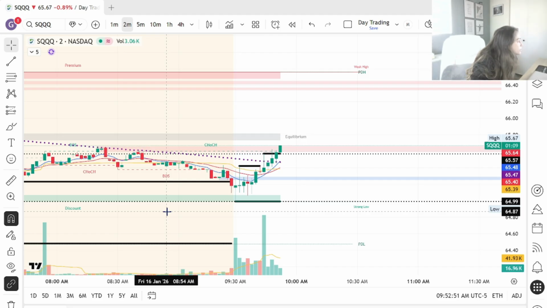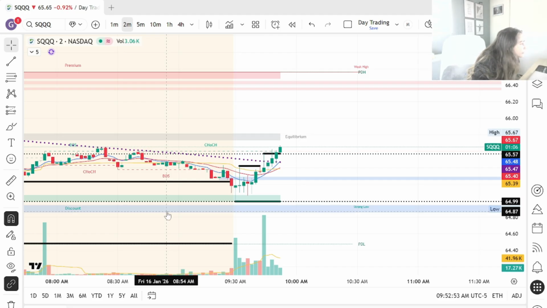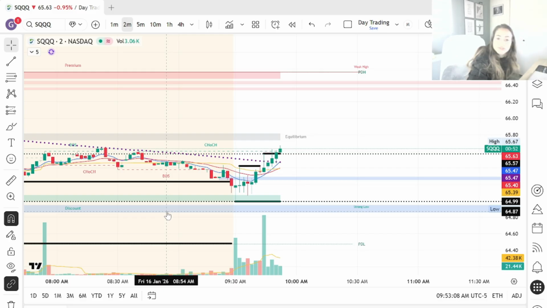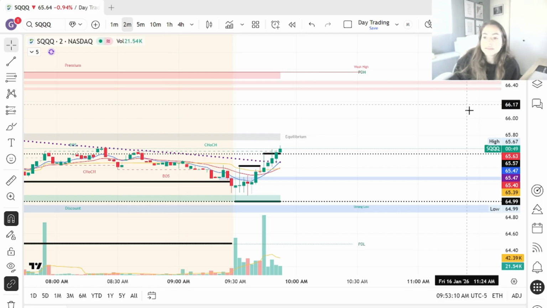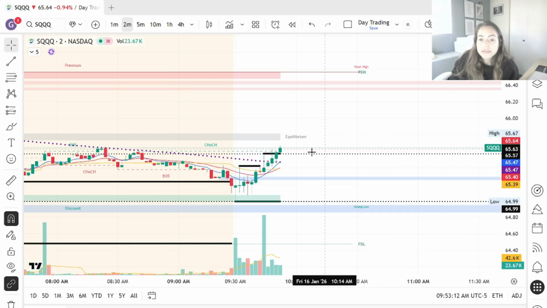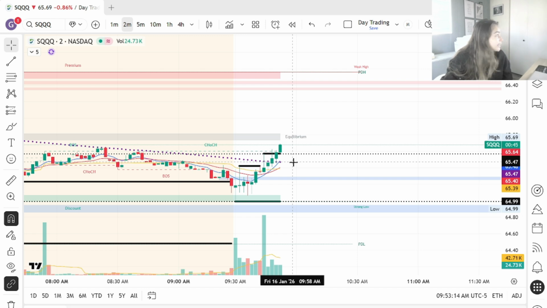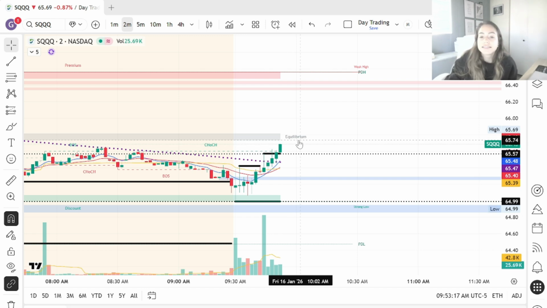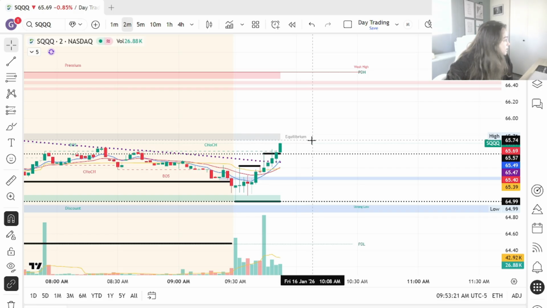If it breaks 66.40, which it did, we're looking for 66.85 and then 67.98 possibly. 66.85 would be the next resistance. Ahí, 66.68, dale. 66.85, I said, would be the next resistance.